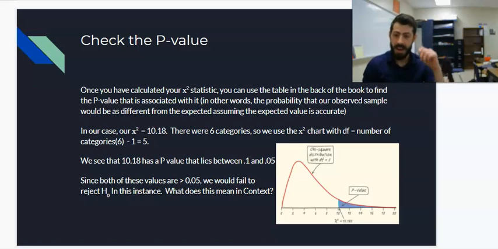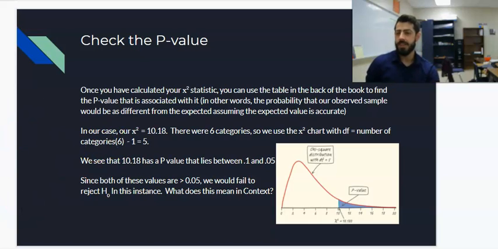We don't have enough evidence here to say that the Mars Candy Company that produces M&Ms is lying to us, right? It's close because the p-value is between 0.1 and 0.05. When you run it through the calculator, you get 0.07, so it's close to being at that 0.05 threshold. It's just not quite there.